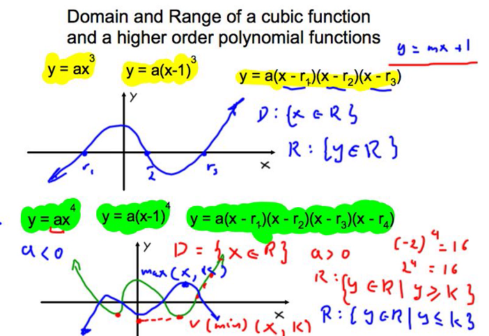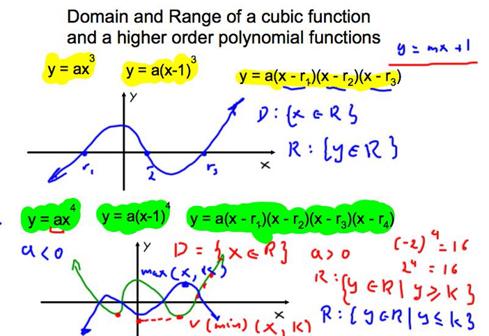In terms of a quartic function or quadratic function, where the degree is even, so this is 2, 4, 6, and so on, the domain has no limitation at all. However, the range is strictly connected to the lowest value, the minimum value of y, or the greatest value of y, where the vertex is the highest point on the graph.